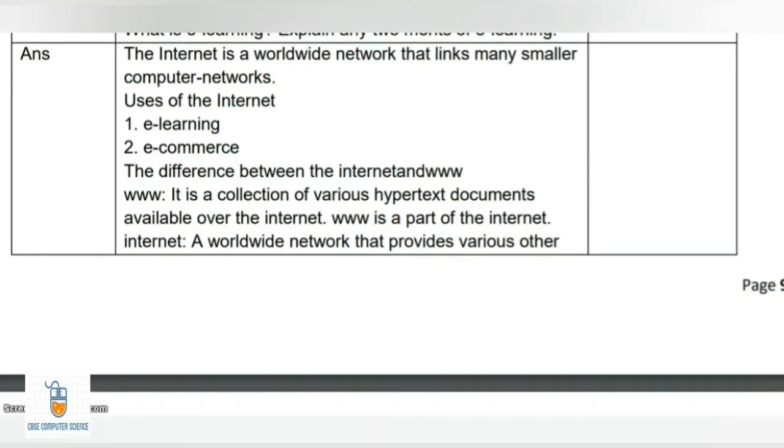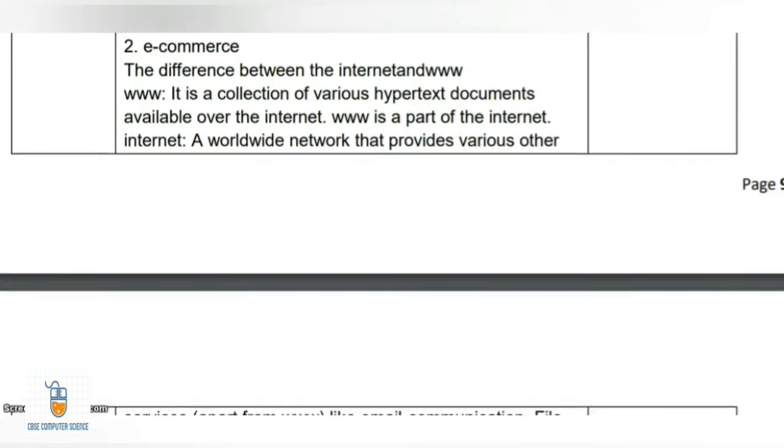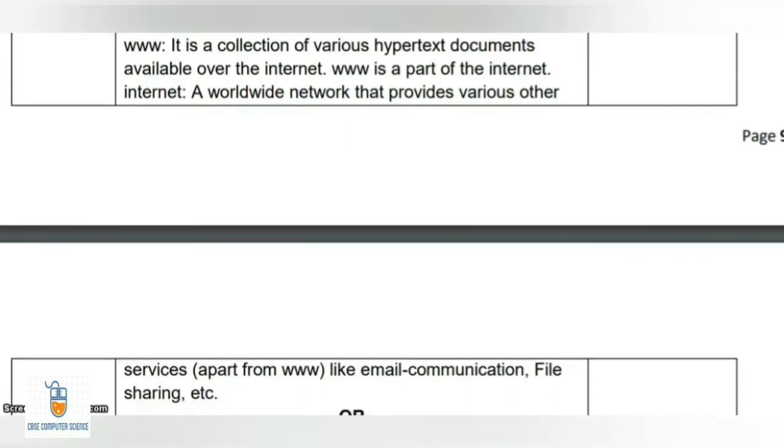WWW is a collection of various hypertext documents available over the internet. WWW is a part of the internet. Internet is a worldwide network that provides various other services along with the data access, like email communication, chatting, etc. So WWW is just a collection of web pages, whereas internet is a service provider.